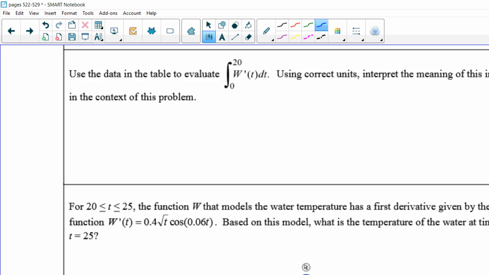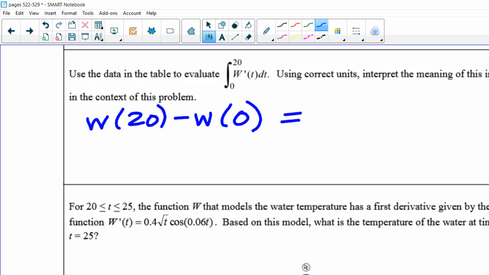Take a look at this one. Use the data in the table to evaluate the integral from 0 to 20 of W prime of t dt. What's that? Good. According to the fundamental theorem, what do you get?